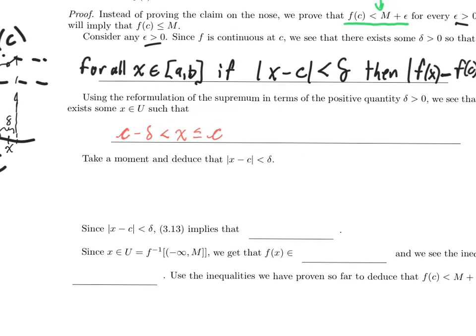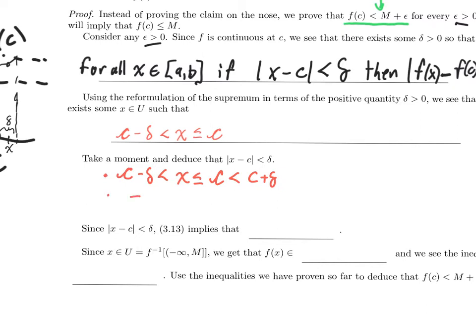And so why should this imply that the absolute value of x minus c is less than delta? Well, take a moment and do that on your own. It is straightforward, but that means that I can do it on my own, right? So I'll get c minus delta less than x is less than or equal to c. That in turn is less than c plus delta.